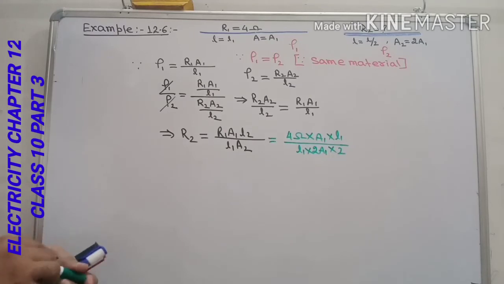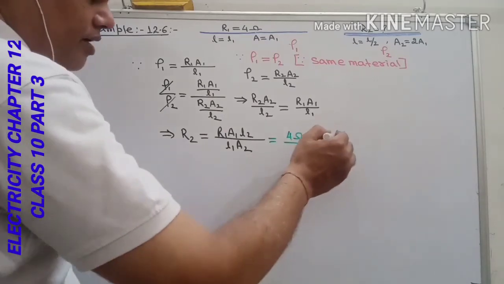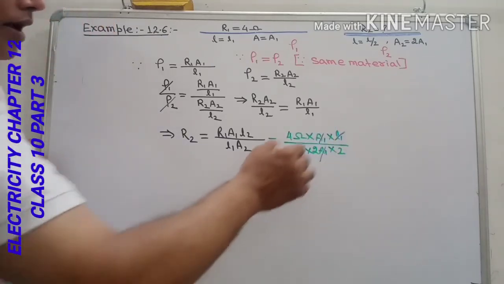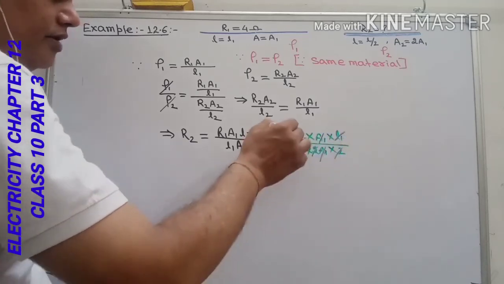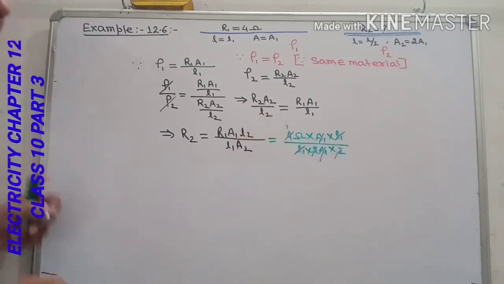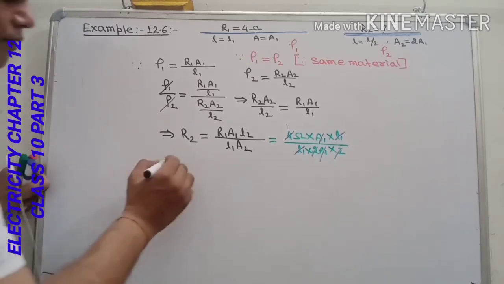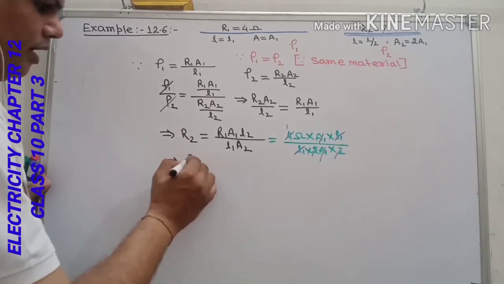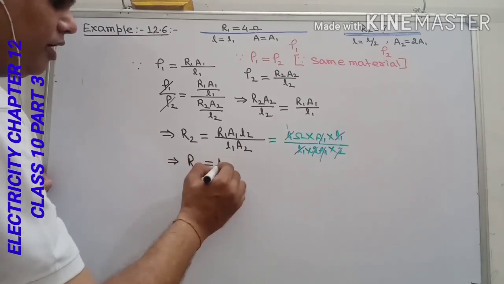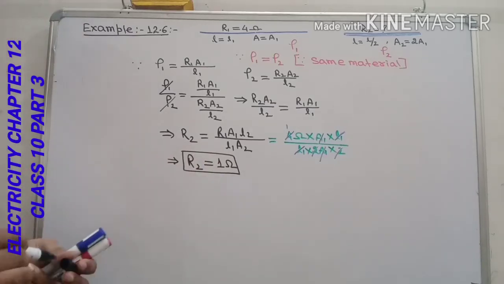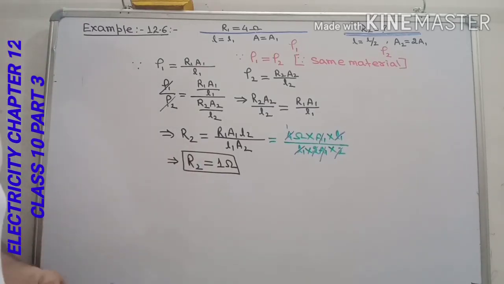Now we can cut the similar terms. See here, this L1 will cancel with this L1 and A1 cancels out with the A1, and 2 comes out to be 1. So the net resistance, this R2 will have only 1 ohm. So this is the technique which we can use to find out the resistance of a conductor.